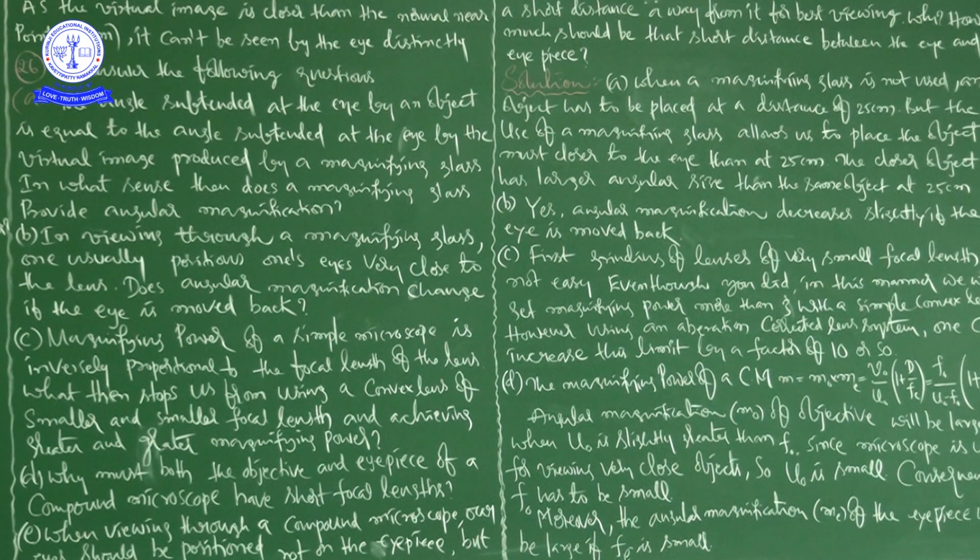If you keep your eyes too close to the eyepiece, you will not collect much light, so you can't see the object with full brightness. At the same time, the field of view is also very small.